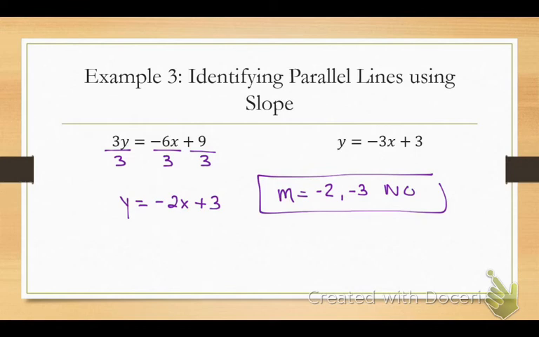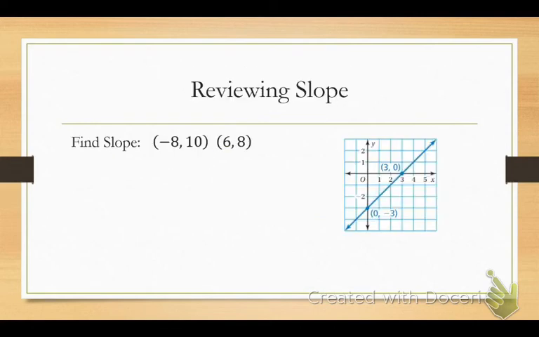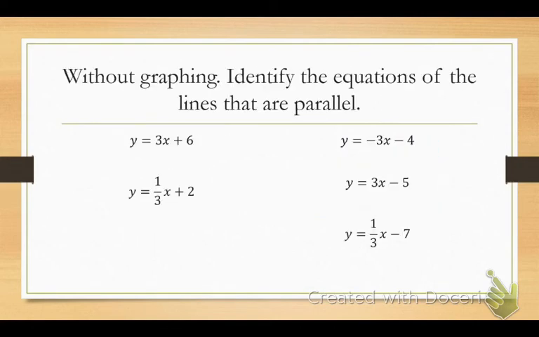All right. The last slide. Okay, I'm going to skip the reviewing slope. The last slide, let's number these. This will be the easiest way. Numbers 1, 2, 3, 4, and 5. I want you to tell me out of these 5 equations, which ones are parallel to each other.